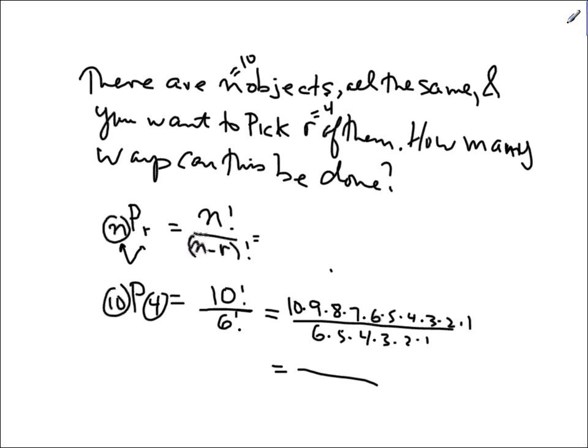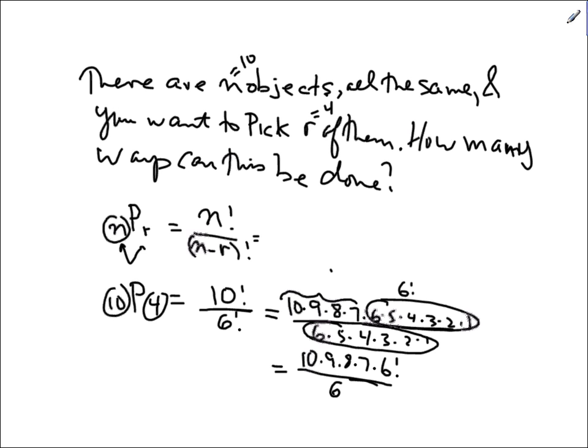You can say that's 6 factorial. So in front, you have literally 10 times 9 times 8 times 7 times 6 factorial, divided by 6 factorial. So the 6 factorials cancel out, and you're left with 10 times 9 times 8 times 7.